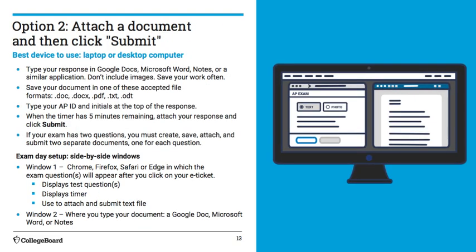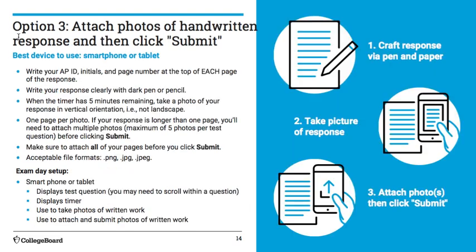The other option is to type a document somewhere else and save that file as either a docx, PDF, text, or ODT file, and then you will submit the 1 file per question. Otherwise, you can have 5 photos submitted per question.